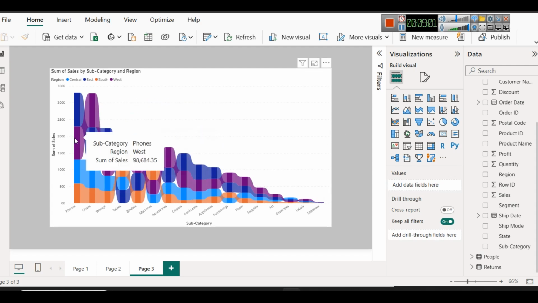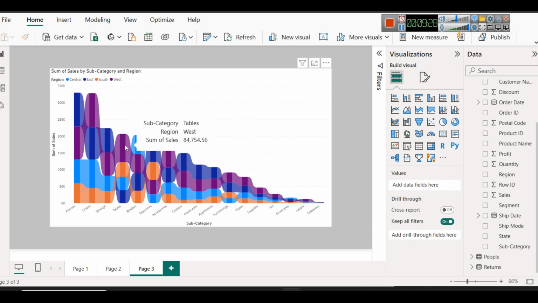But this west region is not second in all subcategories. For chairs, it has highest sales in west region. So rank of chairs in west region is more, right? Then again in storage, it is again second.